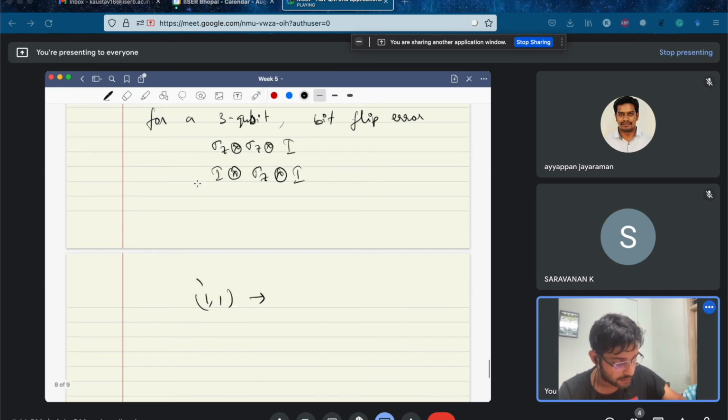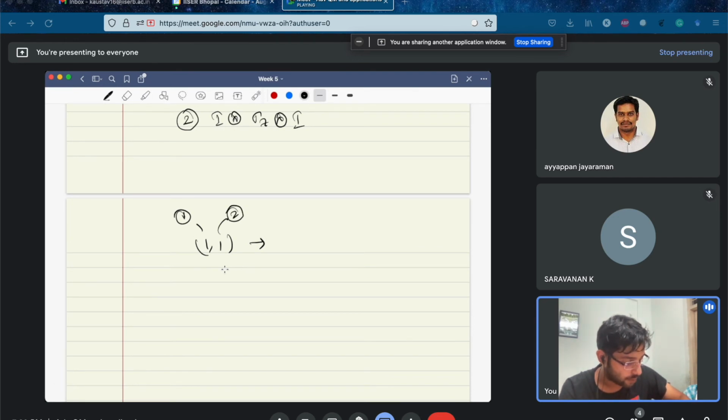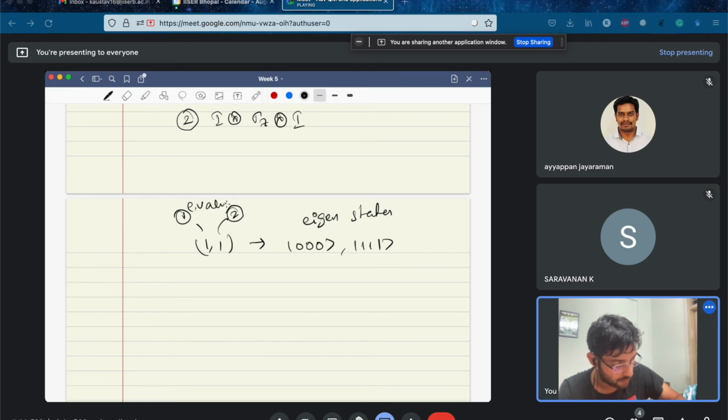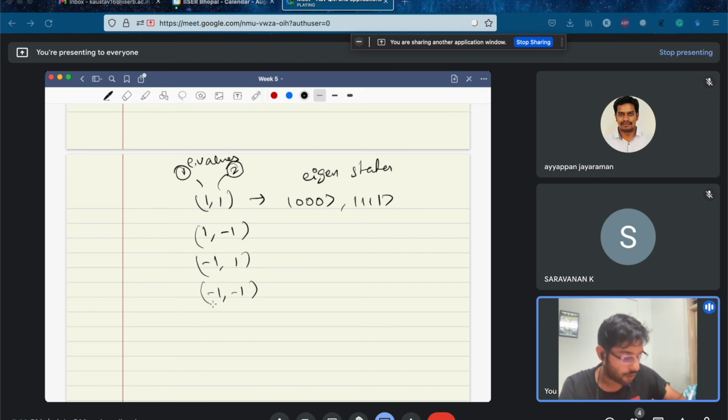So this is operator 1, this is operator 2, and the first counts for operator 1, the second for operator 2. Now for each pair of eigenvalues you have these eigenstates. So these are eigenvalues, these are the eigenstates. These are all possible sets of eigenvalues, and they are actually doubly degenerate.